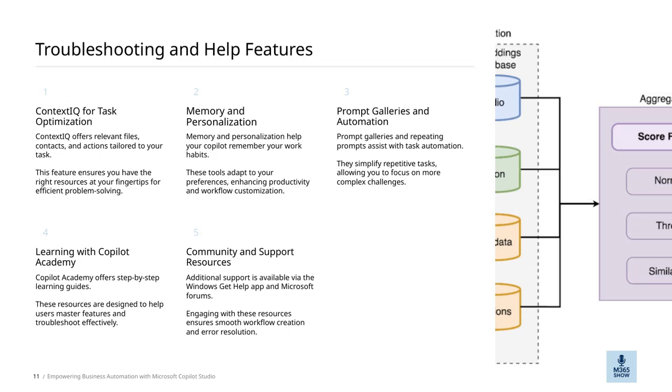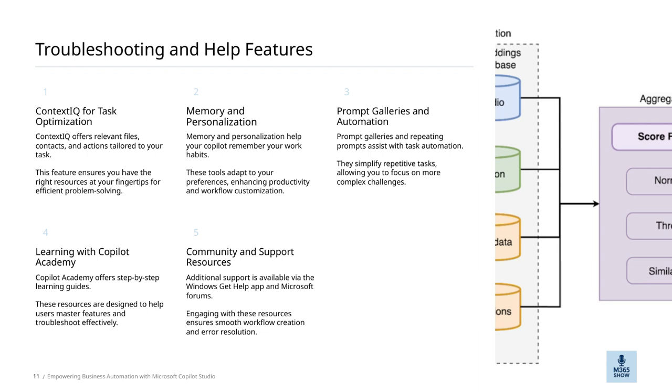Let's explore the troubleshooting and help features that support your business automation journey with Microsoft Copilot Studio. Additional support is readily available through the Windows Get Help app and Microsoft Forums. By engaging with these resources, you can ensure a smooth workflow creation process and quickly resolve any errors that might come up.